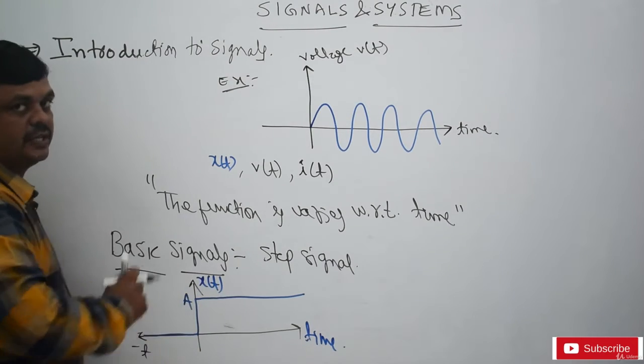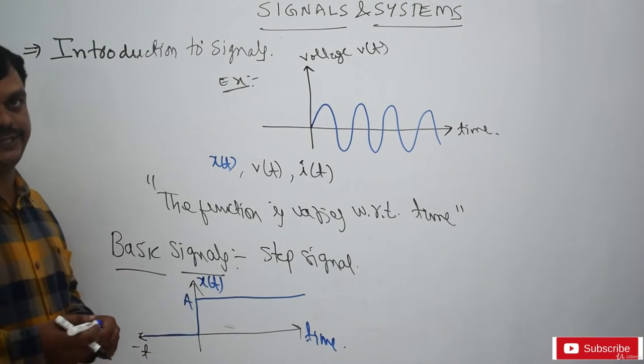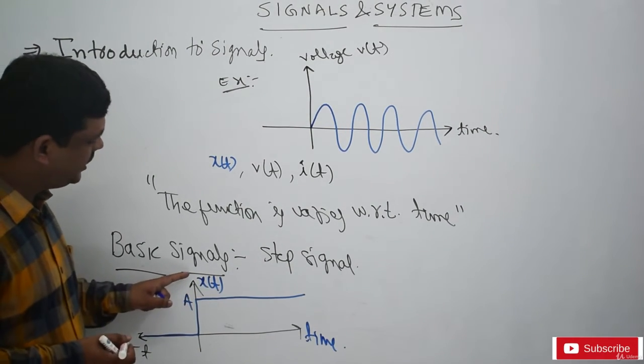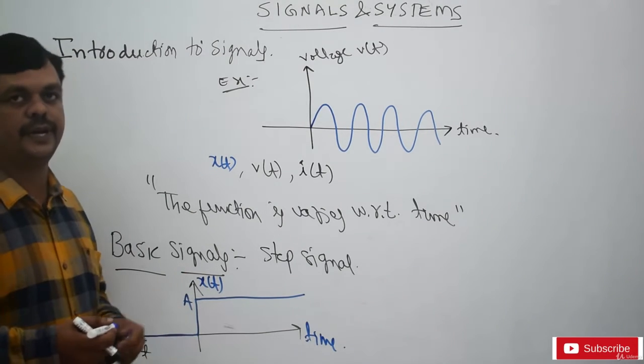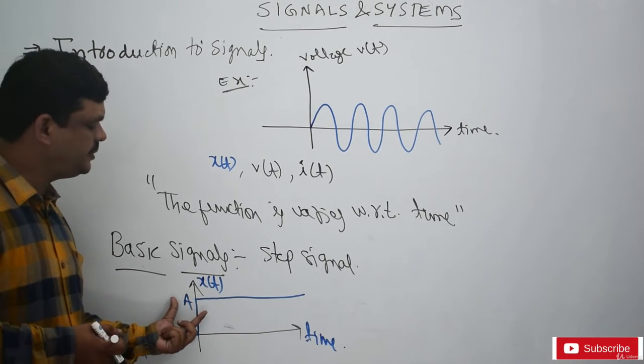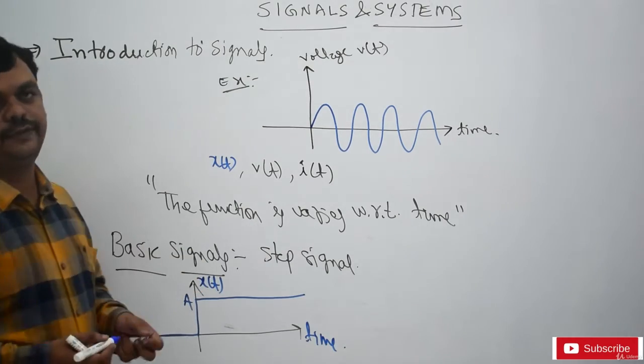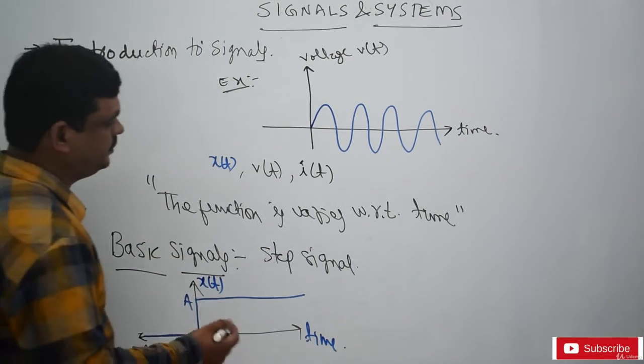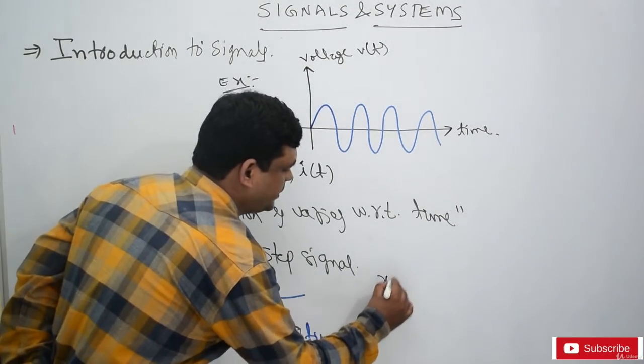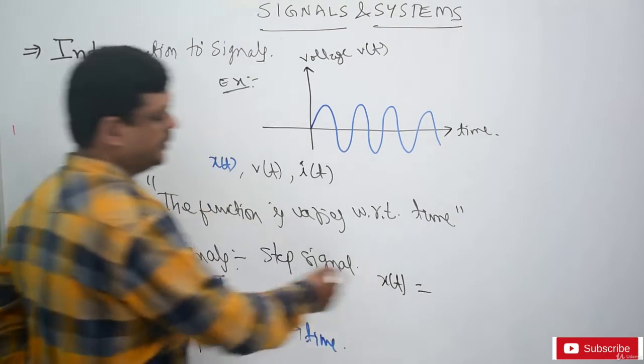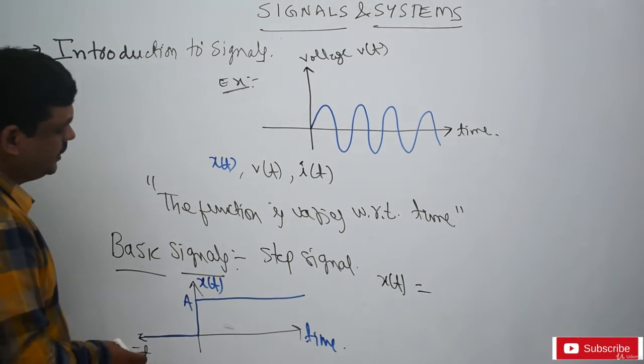This representation is also called graphical representation, because everything is explained with y-axis and x-axis representation. In the same signal, now we have to write a functional representation. Functional representation explains, this is one function x of t.